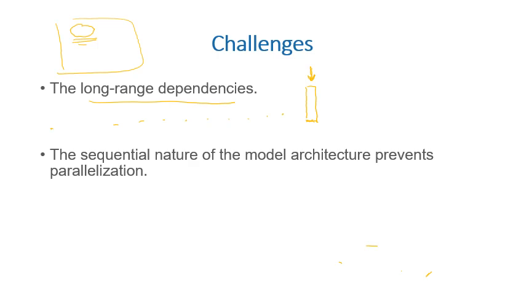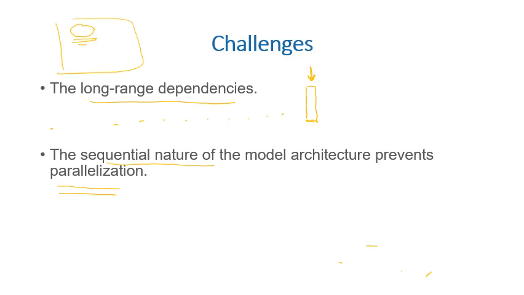Another challenge is the sequential nature of this model. Words come one by one and will be generated one by one. So there's a sequence here, and it's not easy to parallelize the process, which makes the training slow. I have a GPU, and the GPU needs to do everything in parallel.